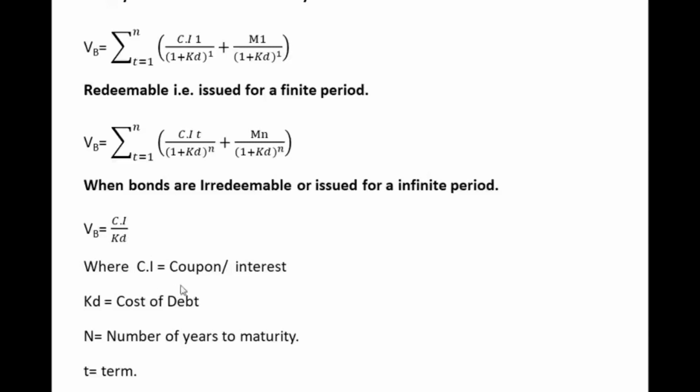Now over here CI stands for the coupon or the interest, KD stands for the cost of debt, N is equal to number of years to maturity, T is equal to term, and M is equal to maturity value. I hope these basic formulas are very clear to you all. These formulas will be used for non-vanilla types of bonds to find out their value.